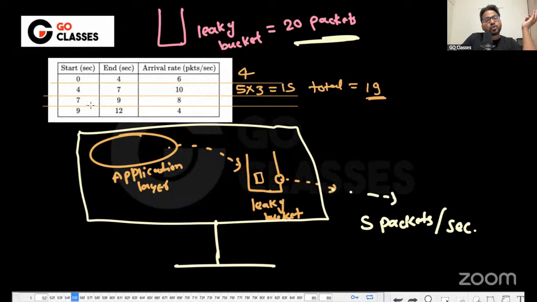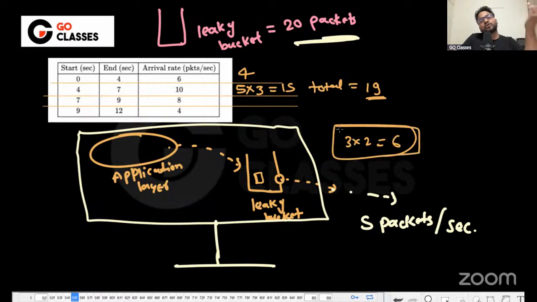Now for the next 2 seconds, you are sending at the rate of 8 packets per second. Since I can send only 5 packets per second, 3 into 2, 6 packets I will not be able to send, and 6 packets I will try to store.